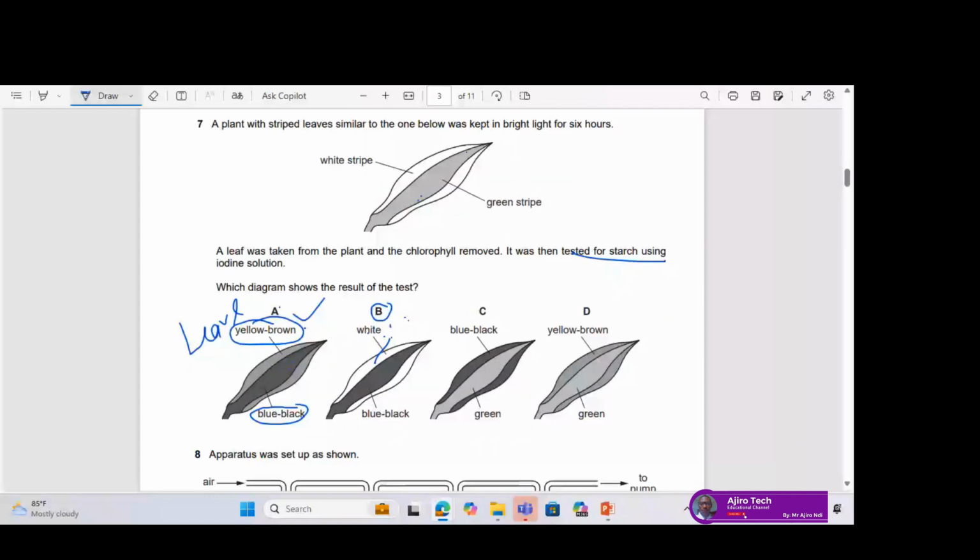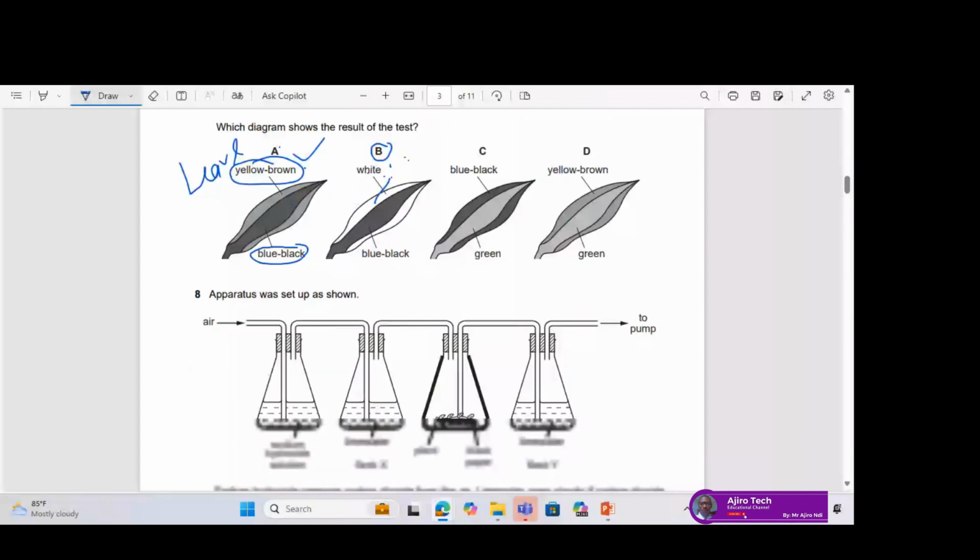Okay, let's try question 8. It's still on the experiment.